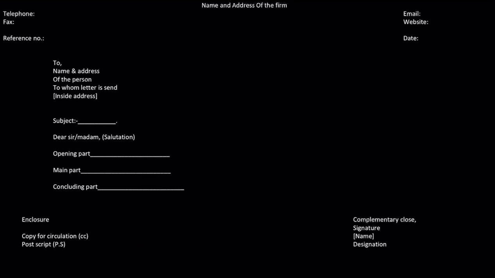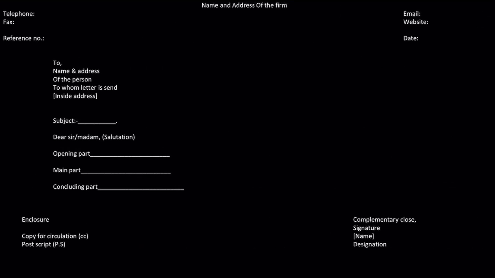After writing inside address, next you can see is subject. So here you have to write the subject of the letter. For example, you are writing a letter to inquire about XYZ goods. So your subject will be inquiry of XYZ goods.